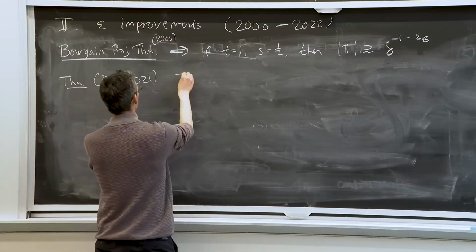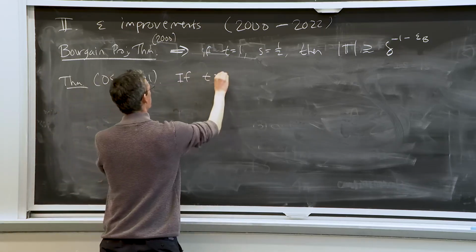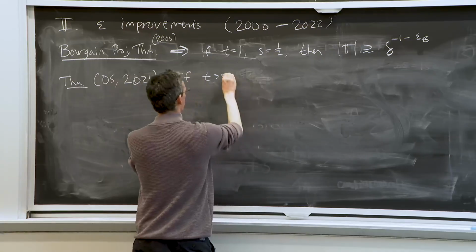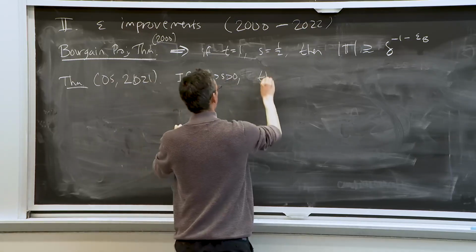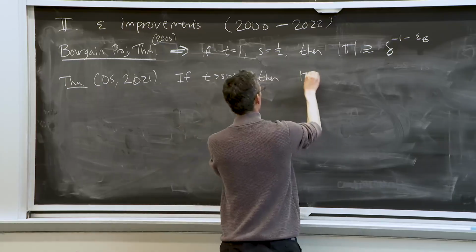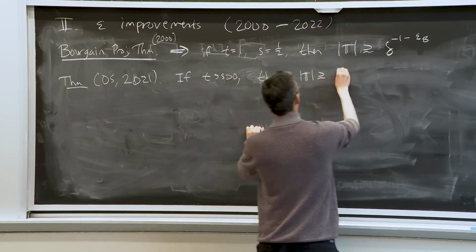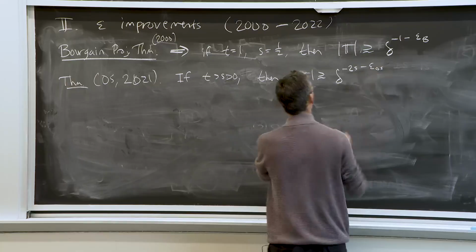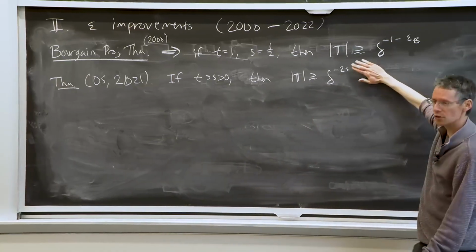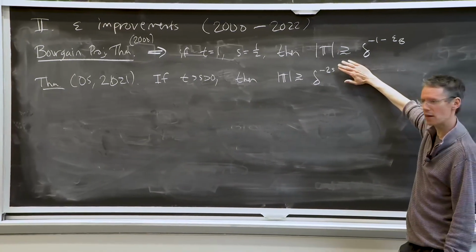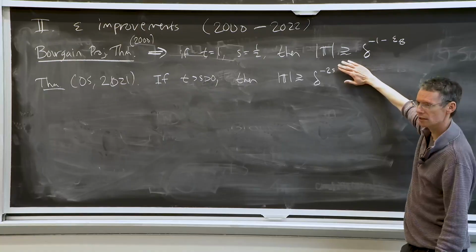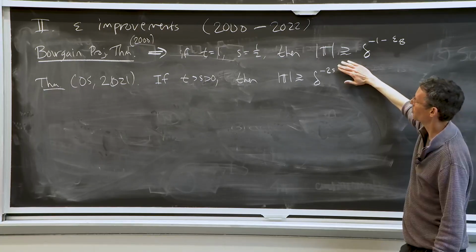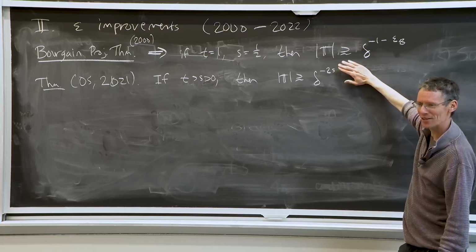So they proved that if t is bigger than s, which is bigger than 0, then the number of tubes is at least delta to the -2s minus epsilon. So delta to the -2s is what you would get classically by double counting. It takes half a page. And then after 50 years and 50 pages, you can get this.